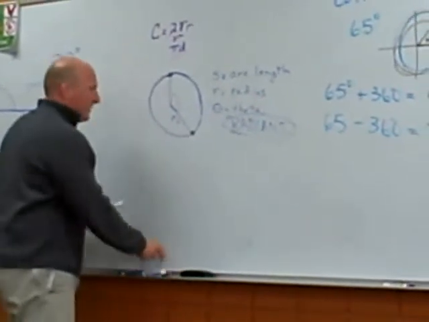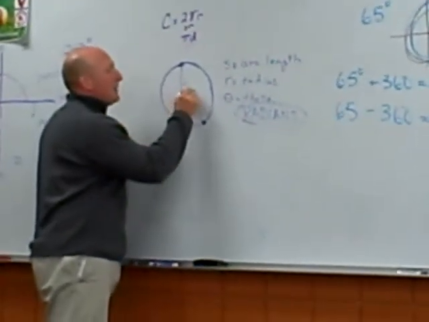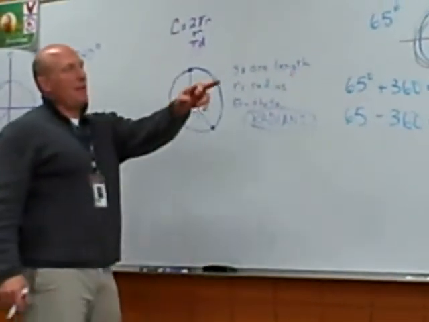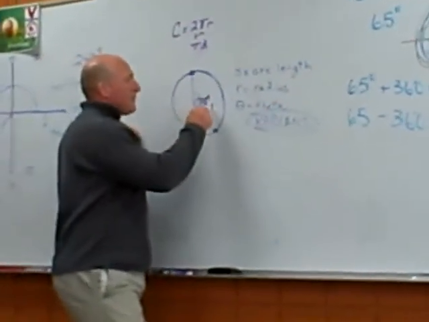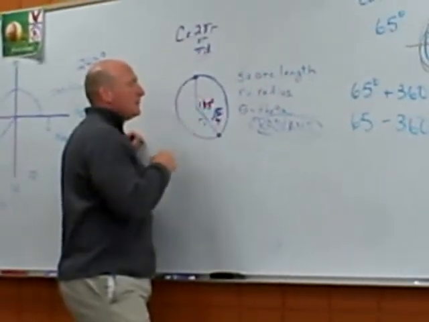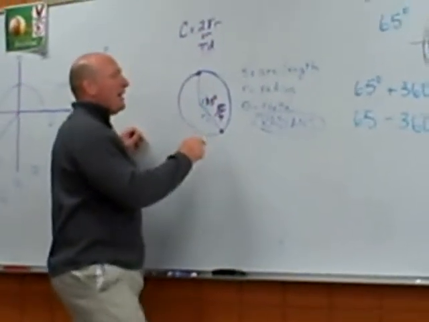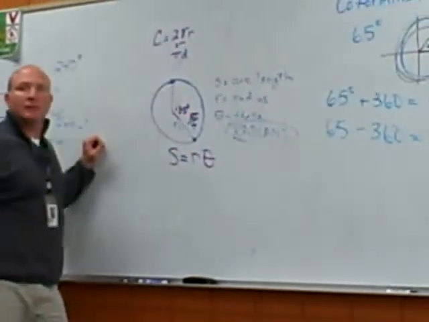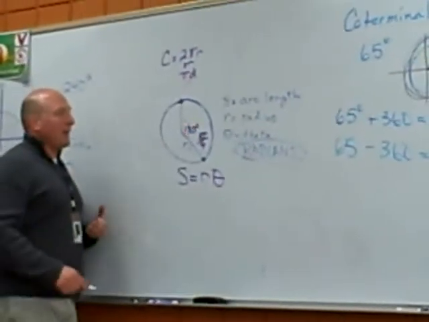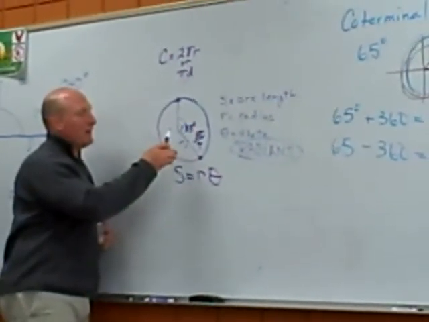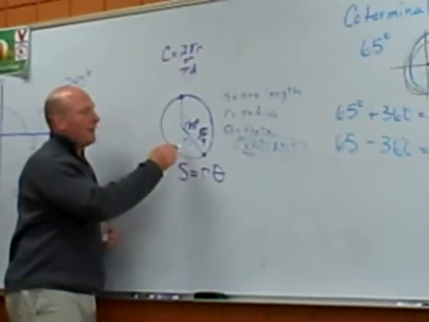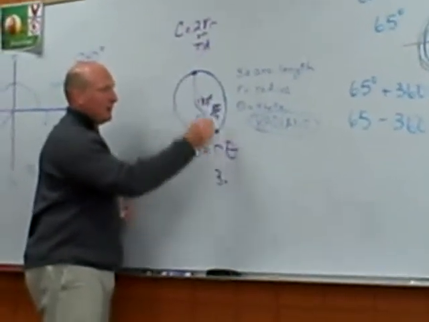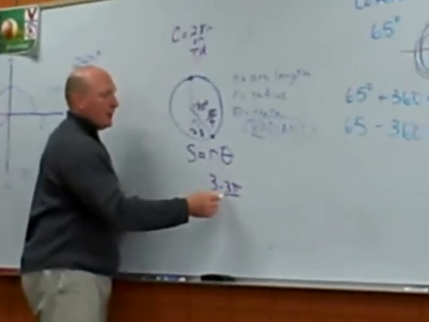So if I tell you that this is 135 degrees, what's the first thing you're going to have to do? Change it. And we've already done that: 3 pi over 4. To find the arc length, you're going to take the radius times theta. If the radius is 3, you're going to take 3 times 3 pi over 4.